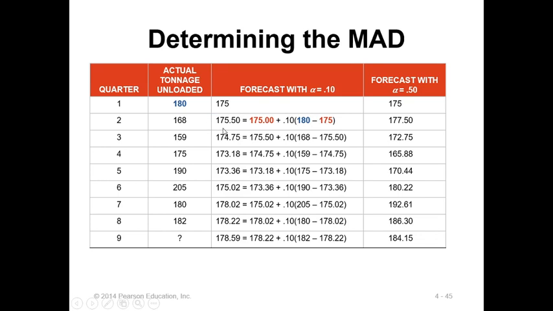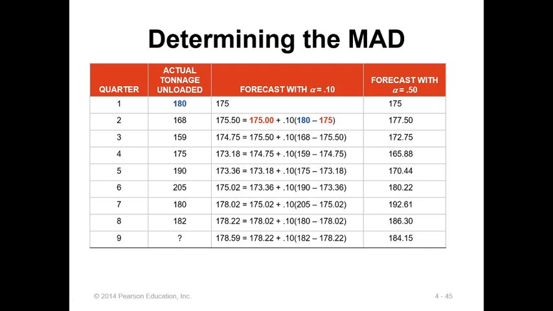Then we have a forecasted value when alpha is 0.10 of 175.50. We do the same, but here we use alpha as 0.50. That's why we have a different forecasted value of 177.5, as you notice.